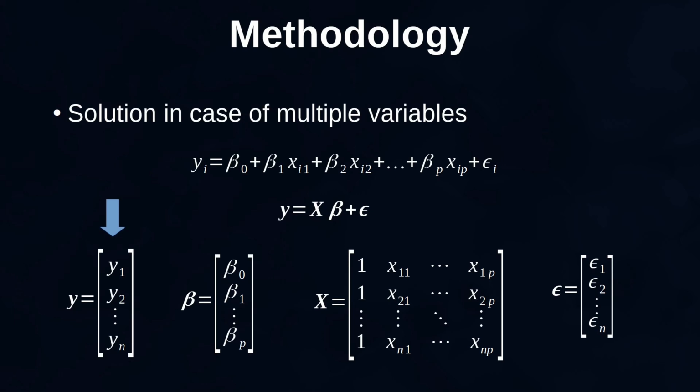Given that there are n data points, y is a vector of n by 1 dimensions, and also the error term, epsilon, is a vector of n by 1 dimensions. On the other hand, beta, as previously mentioned, is a vector of p plus 1 by 1 dimensions, where p is the number of input variables, and then we add the intercept.